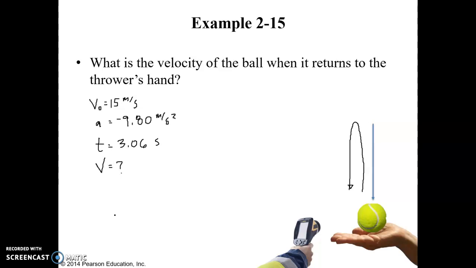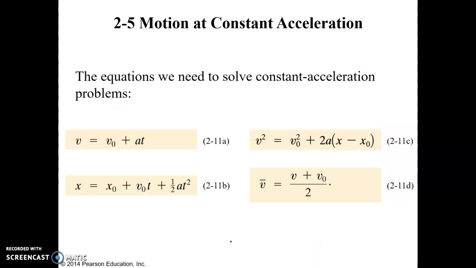So if we take a look at those 4 constant acceleration equations, let's jump back to that slide. All right, so which of these equations is going to work for us? We have time, acceleration, initial velocity, and final velocity. I think this one might work out okay.